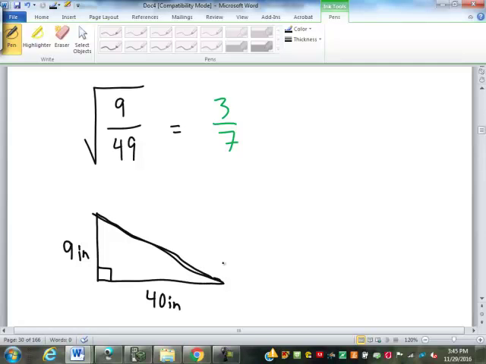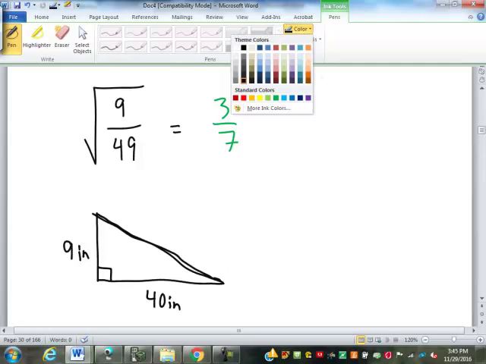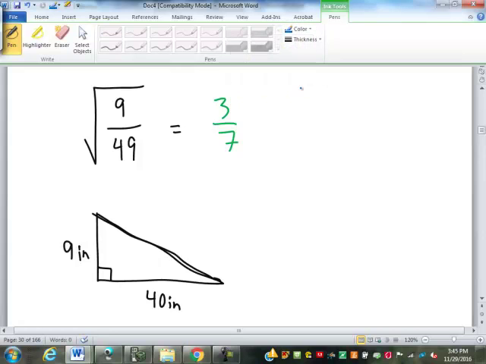The two sides that I have here are the legs. They're the legs because they make the right angle. So those are going to get labeled A and B, and it doesn't matter which is which. The third side, which is the longest side, is always opposite the right angle. That's called the hypotenuse. That's side C.